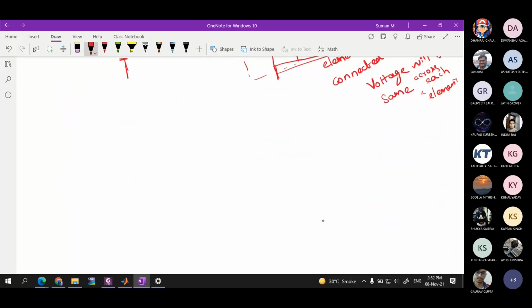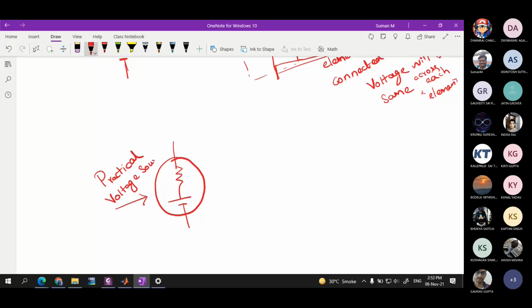So here you are having a voltage source, then you are having a resistor in series. This is the symbol of a practical voltage source. Here the practical voltage source cannot provide infinite amount of current. In the previous case, we considered that the independent voltage source can provide infinite amount of current.